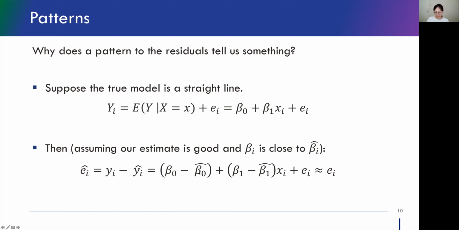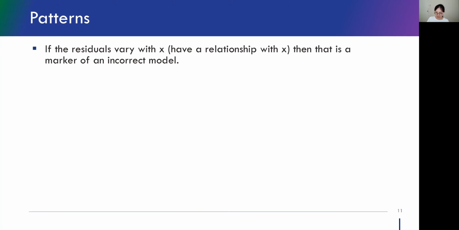And if they are close, this should be approximately close to the true error ei. And so in this case, our residuals resemble random errors. So we just check the pattern of the residuals to see if they really look like random errors. Random is the key word here.